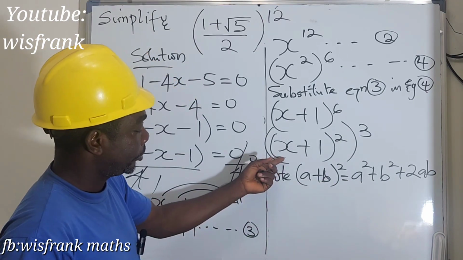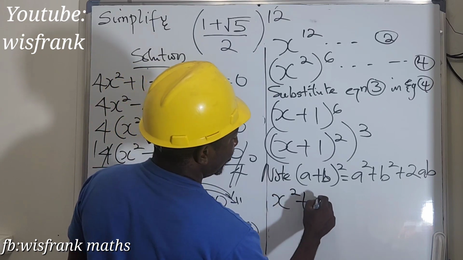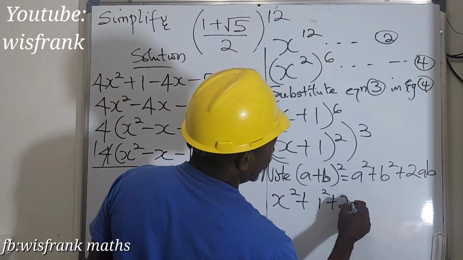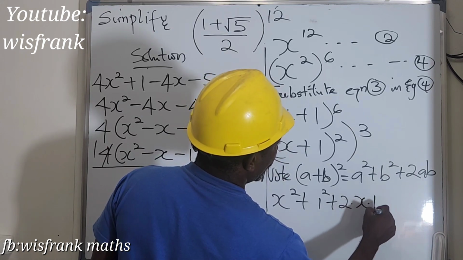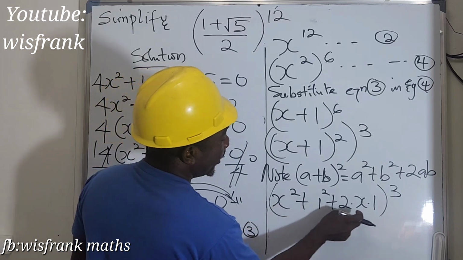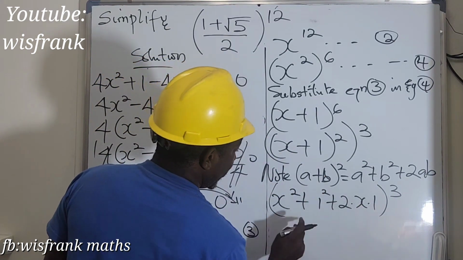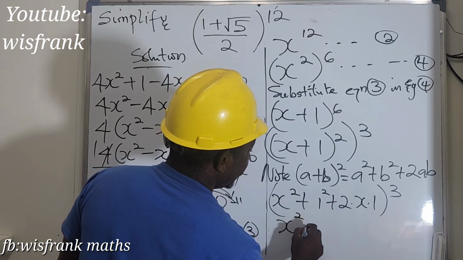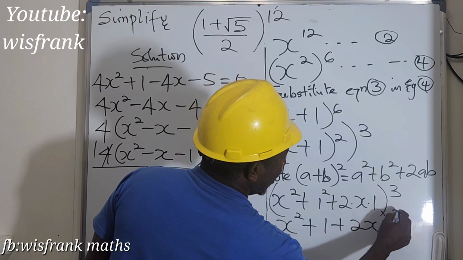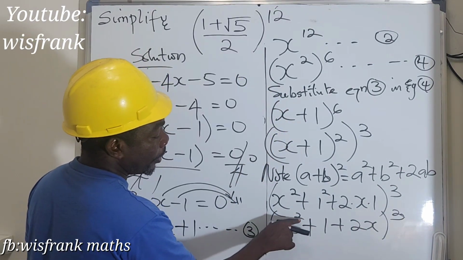So this will become x raised to the power of 2 plus 1 raised to the power of 2, then plus 2 times x times 1, all to the power of 3, because the inside parenthesis, which is x plus 1, is what we have here. So evaluating this, we have x to the power of 2 plus 1 plus 2x all to the power of 3. And we see that we have x to the power of 2.